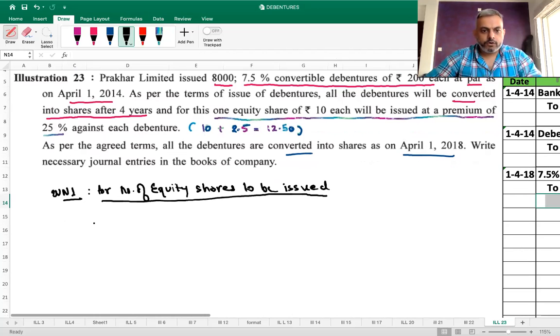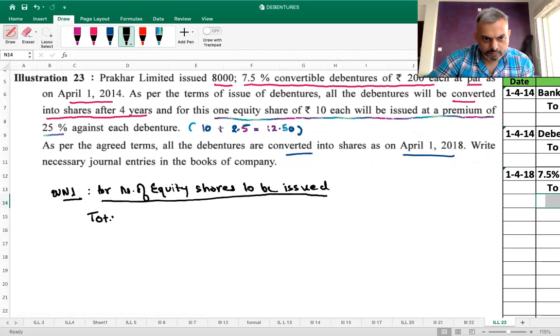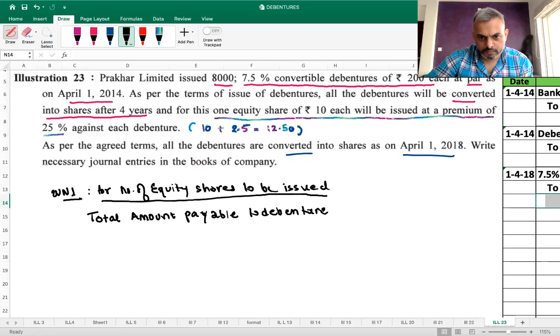Now, total amount payable to debenture holder is equal to 16 lakh. So we have to pay 16 lakh to debenture holder.